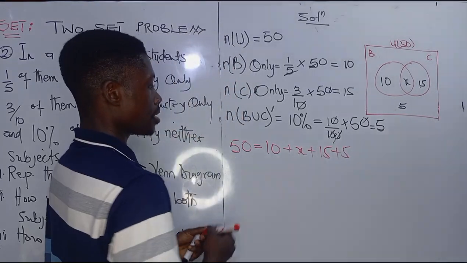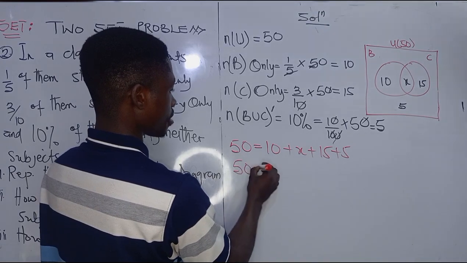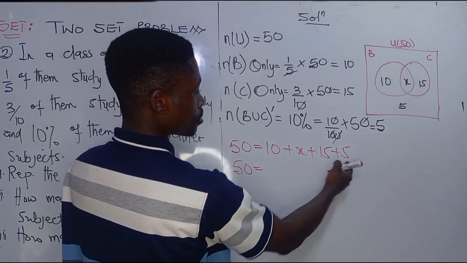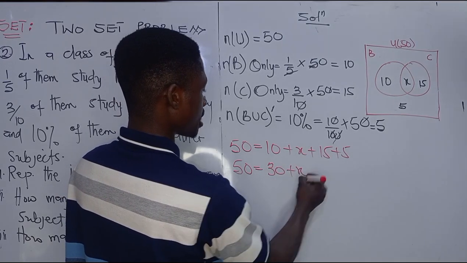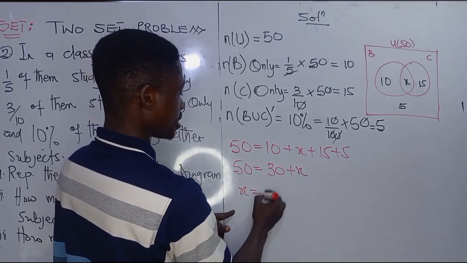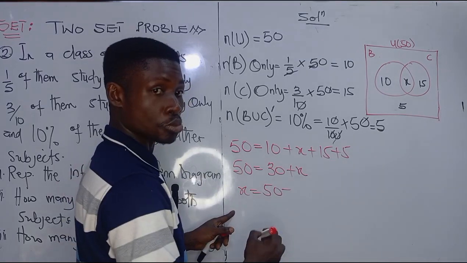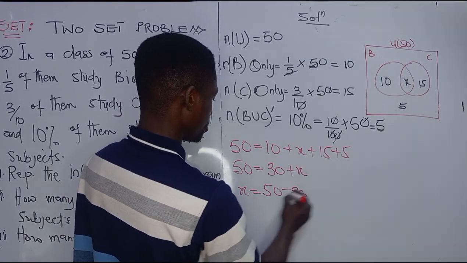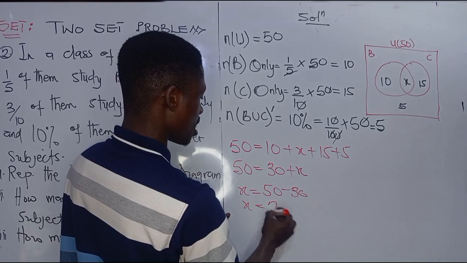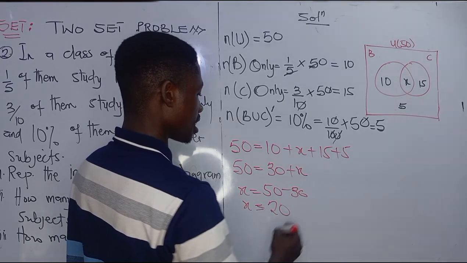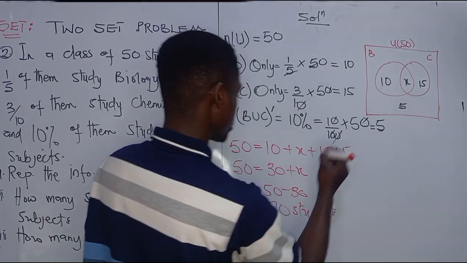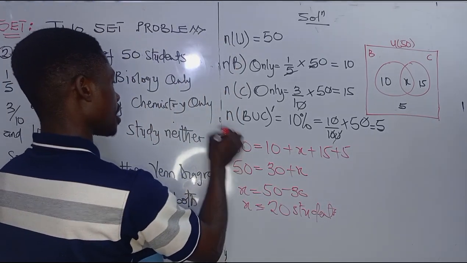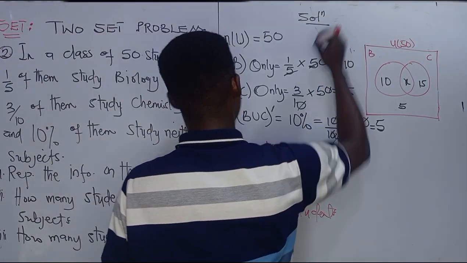So we have 50 is equal to 10 plus, this will give us 20, 30, 30 plus x. So x is equal to 50 minus 30. The number of students who offer both biology and chemistry is 20 students.